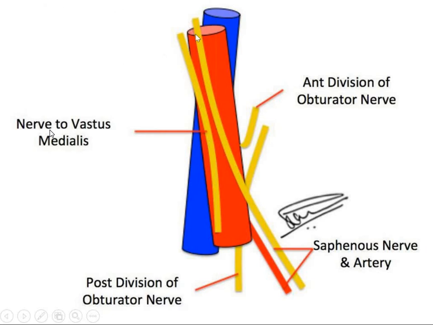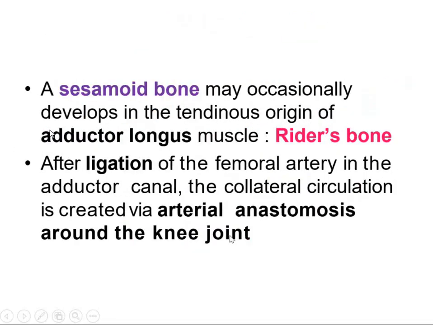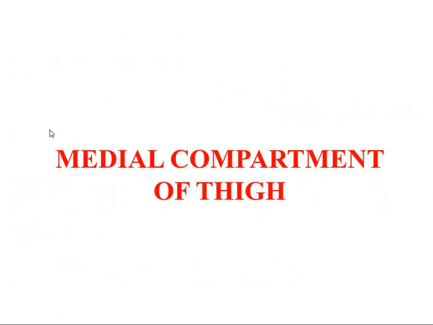In the same direction, if you see, it is also crossing from the lateral aspect to the medial aspect, and sartorius is also coming from the anterior superior iliac spine to the medial upper aspect of the tibia. So that is why sartorius is used, and also the femoral artery. It is also coming from the lateral aspect to the medial aspect. So these two structures are used to locate the saphenous nerve.